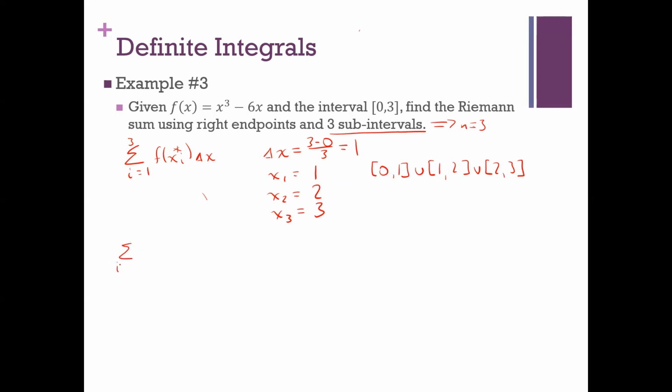Go ahead, Sebastian. Right. Why are we not using n? Why are we using 3 instead? Anybody else? Right. So in this case, I'm saying n is 3.